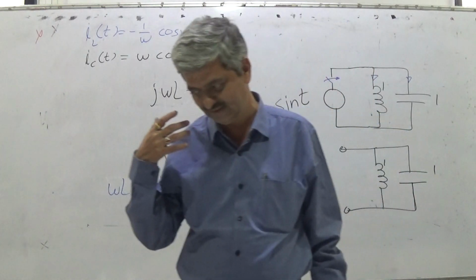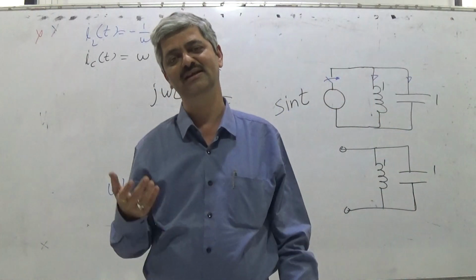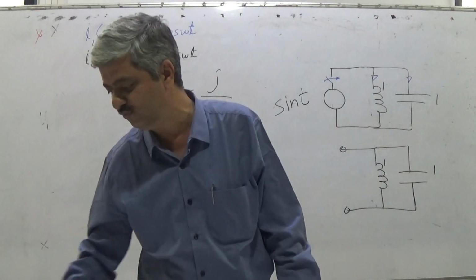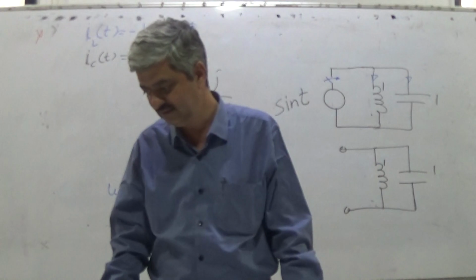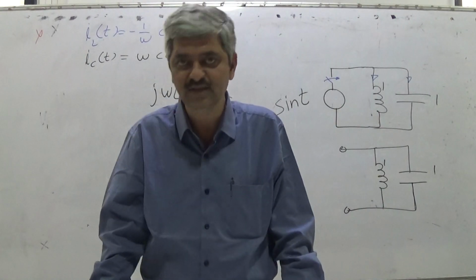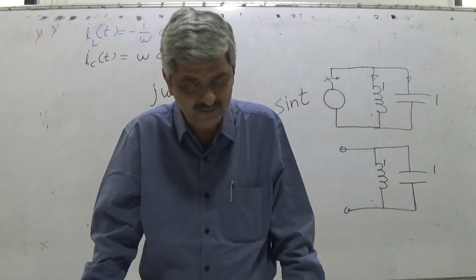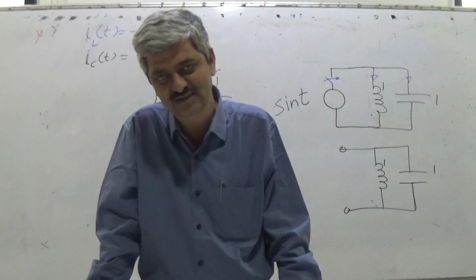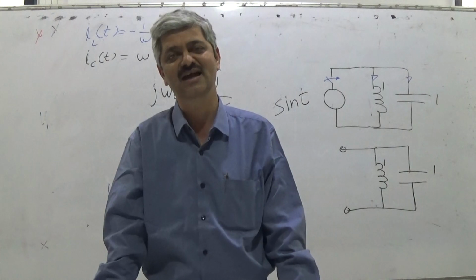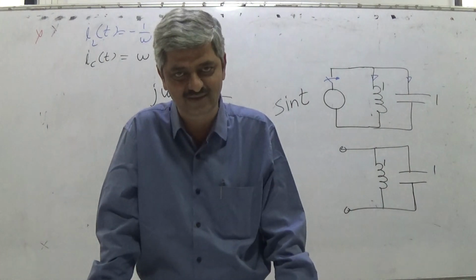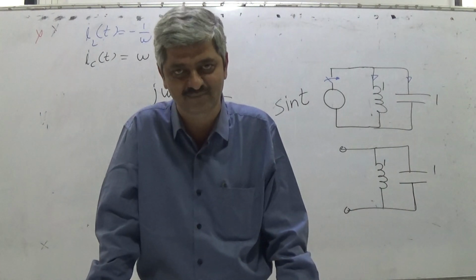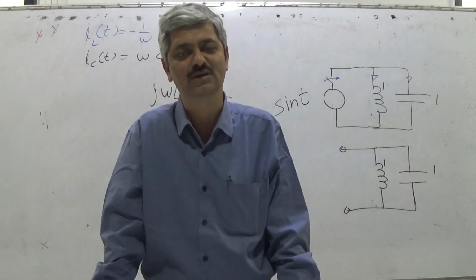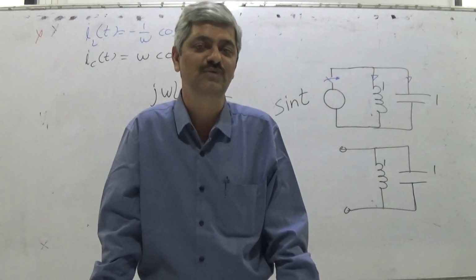I would like to very candidly say that every confusion in the world need not become clear. There will be a few confusions which will remain with an individual till the end of his life, and nothing will be impacted in his life because of that confusion. But let us try to clear whatever confusions we can.